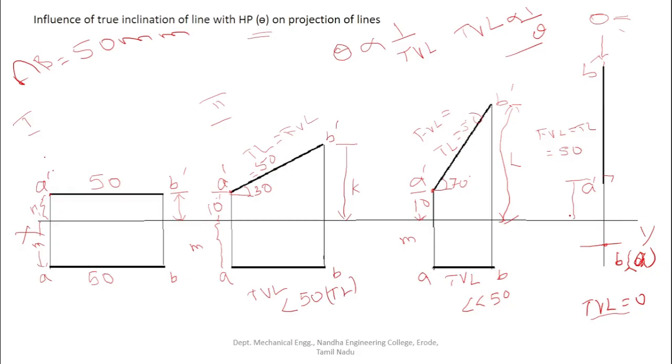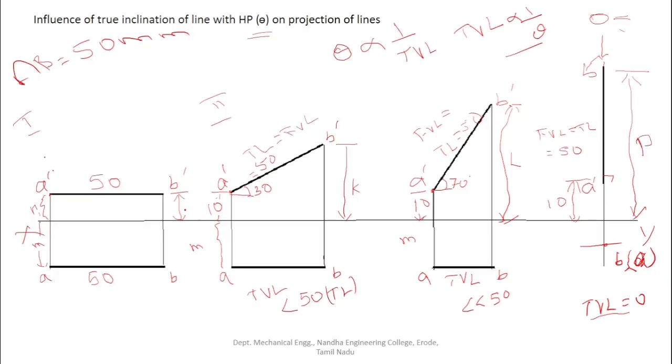This is the position of the point A from the HP, that is fixed, 10 mm. What is this one? This one is the location of point B from the HP, or the position of the front view of the point B from the XY. So this, you take, is P.